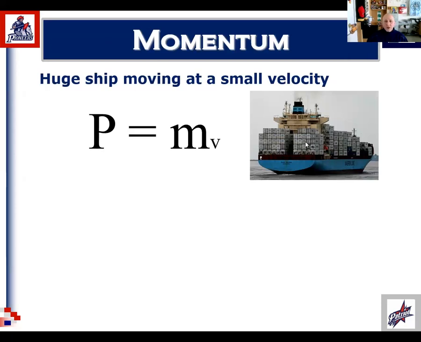I'm sure it weighs tons and tons, but it's not moving very fast. But one of these just crashed a week or two ago, because they're so massive that they need a really long time to stop, or a humongously big force, because they have so much momentum, even though they're not going very fast. Because they have such a big mass.